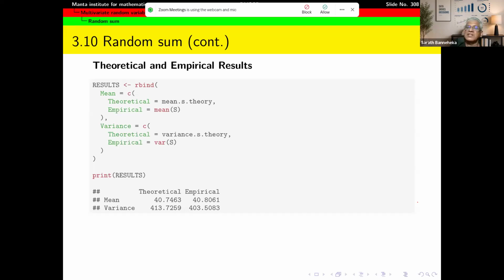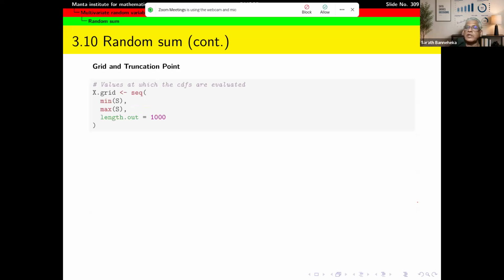Now we will look at theoretical CDF and empirical CDF. So in order to calculate theoretical and empirical CDF, we will need some predefined values of S. We need to calculate, especially the theoretical distribution when you are calculating, we have to calculate those values at some specified values of S. So therefore, I call it X grid.